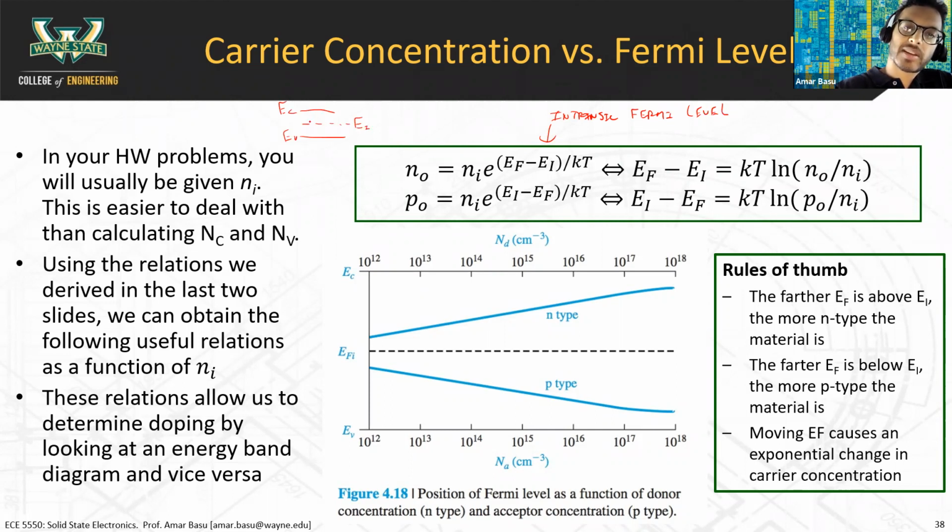So in silicon, the distance between E sub C and E sub V is 1.12 electron volts. So the distance between E sub C and E sub I is half of that, 0.56 electron volts.